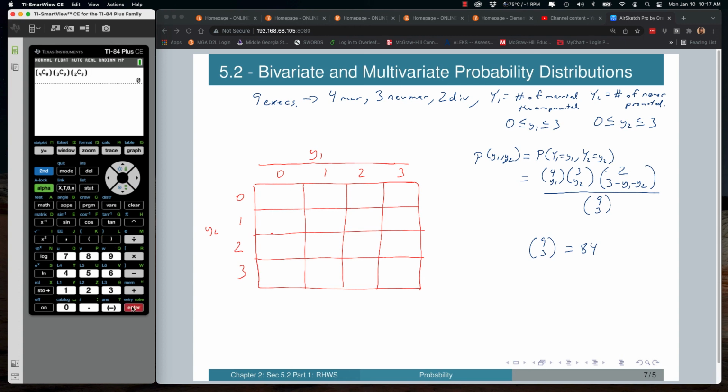So we know the probability when y1 equals 0, y2 equals 0 is 0. When we get something funny with that last one, it's going to go away. If we get an error, we can also assume the probability is 0. If you try to do 2 choose a negative value, you'll also get a 0 from your calculator as well. So it needs to be valid across the board.